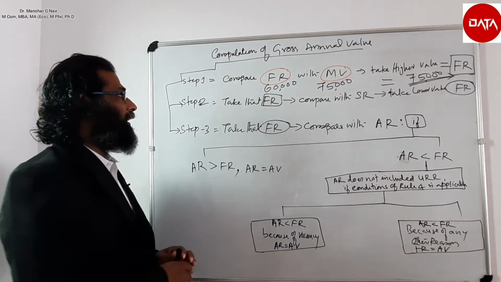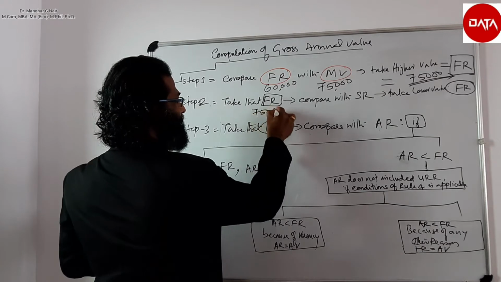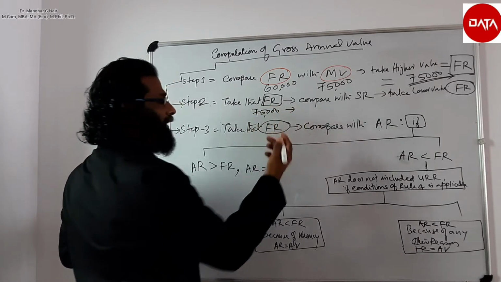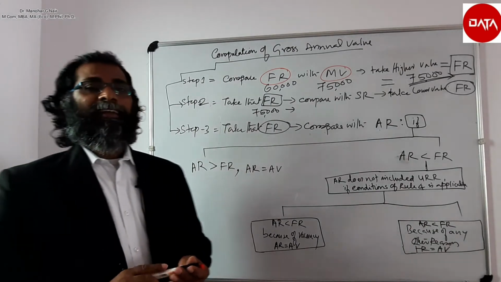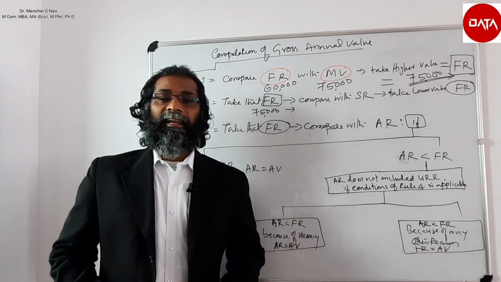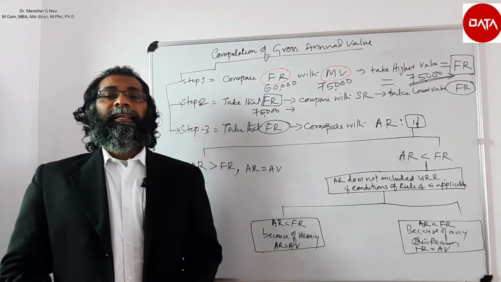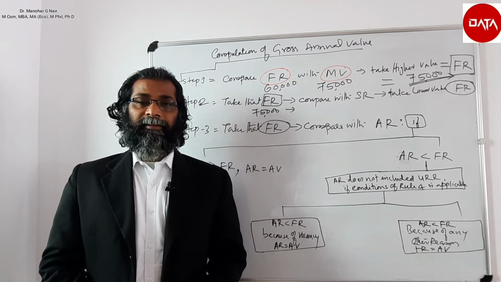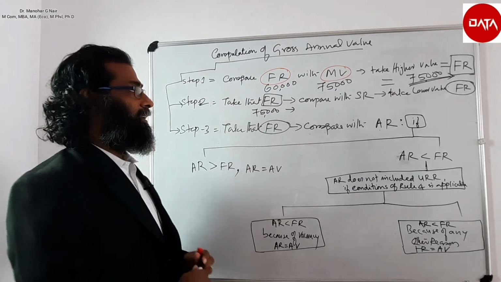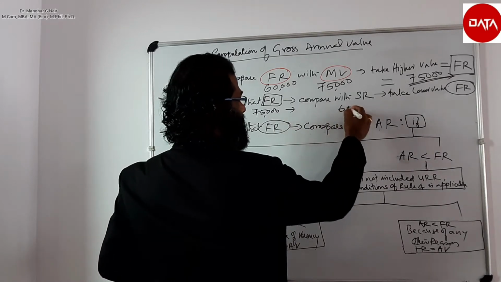Take that fair rent and compare it with the standard rent. What is standard rent? Standard rent is the rent fixed by the state government. So for example, here the standard rent is 65,000.